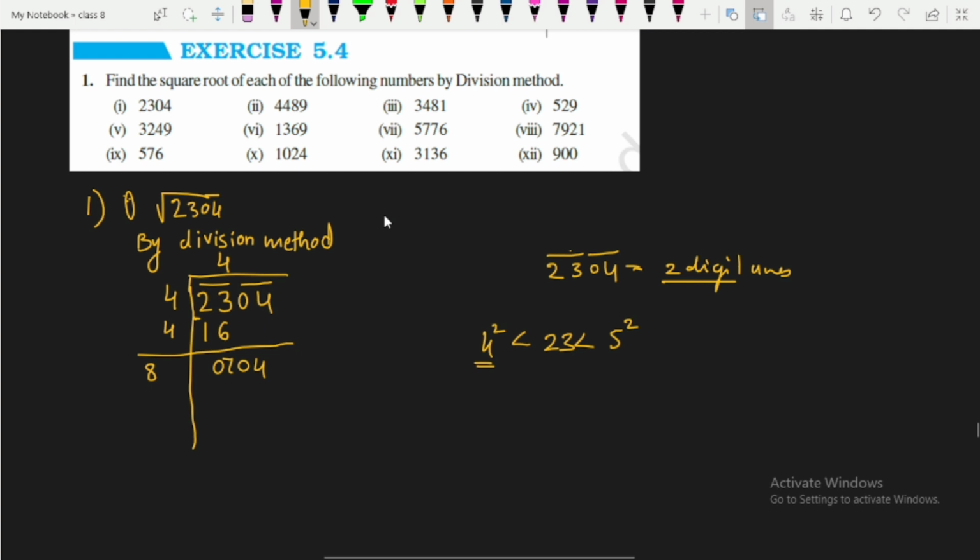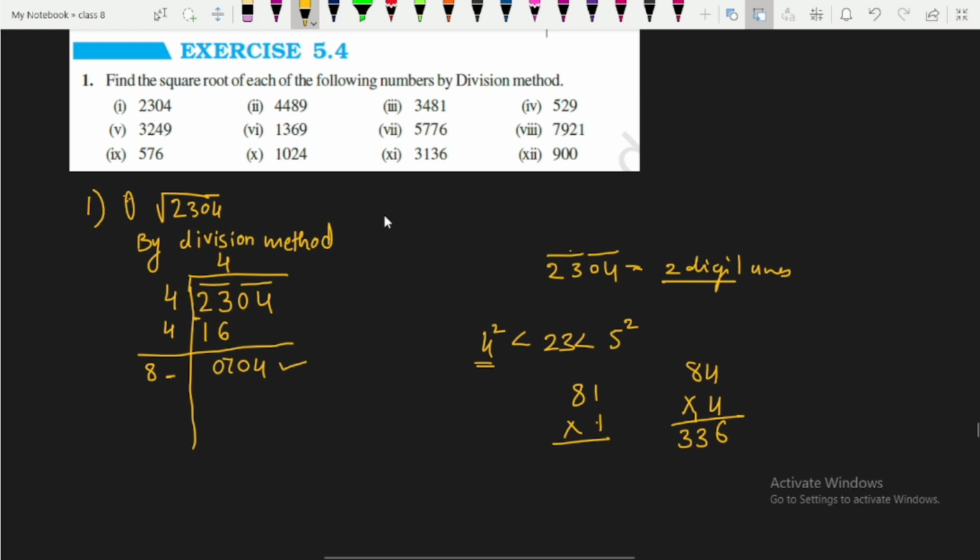Now you have to choose a number here, and whatever you choose, you have to multiply by that number only, so that you get close to 704, or exactly 704. For example, try 84 into 4. 4 fours are 16, 8 fours are 32, plus 1 is 33.